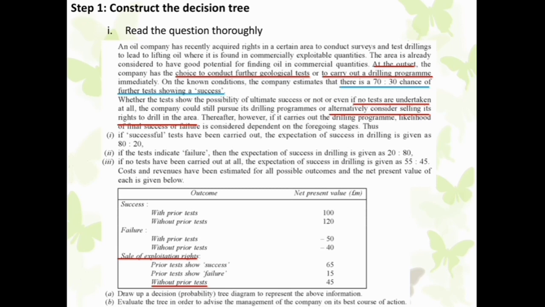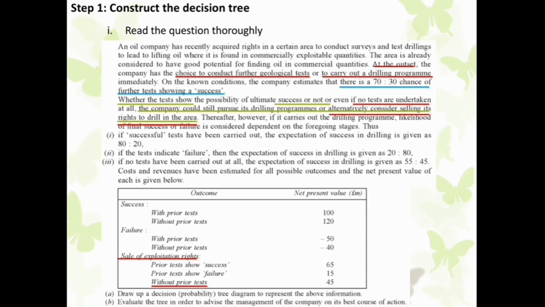Okay, fine. Now the third question I want to ask is, after the tests are conducted, what are the options available to the company? Okay, so that is also given: whether the tests show success or not, the company could still pursue its drilling operation, or it can alternatively consider selling its right to drill in the area.